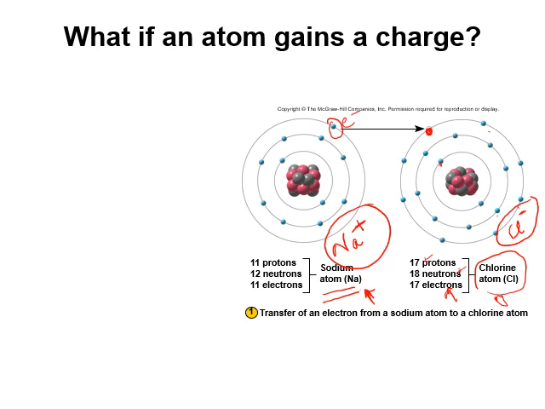This type of bond between two elements is called an ionic bond. And each of these over here, this is a sodium ion, and this over here is a chloride ion.